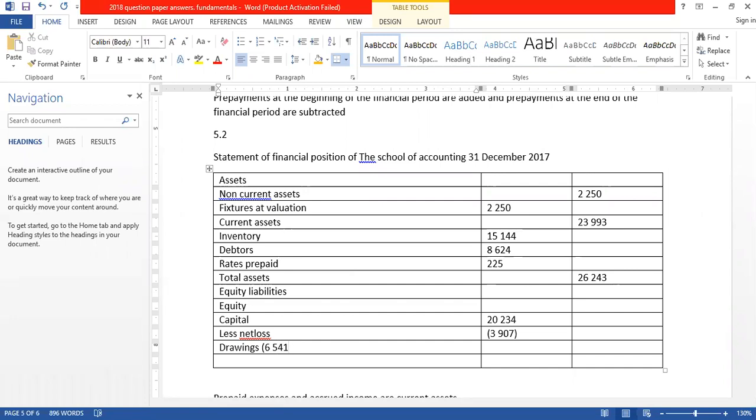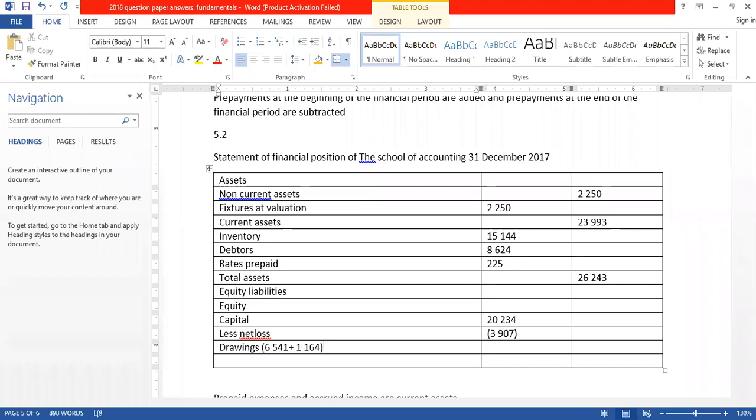Then you add the 1,164 that was paid with cash, and then you get your total drawings.